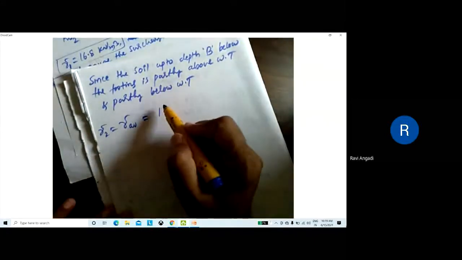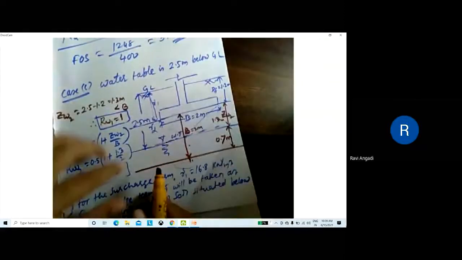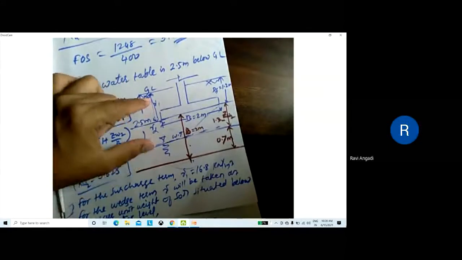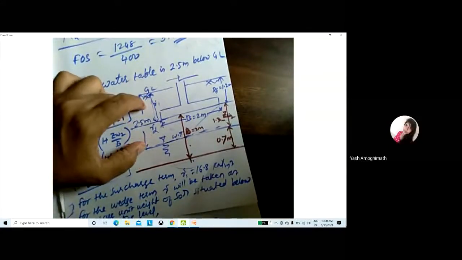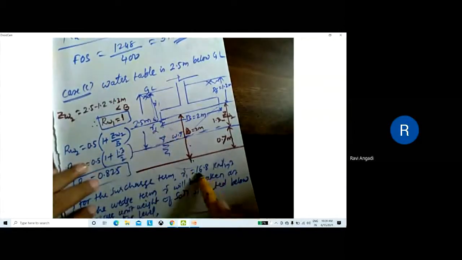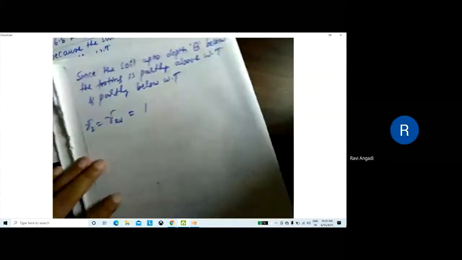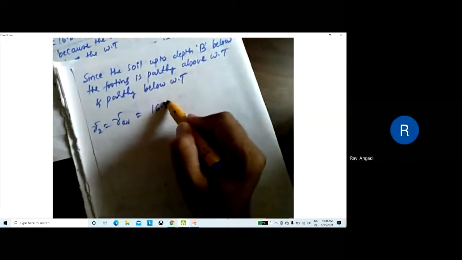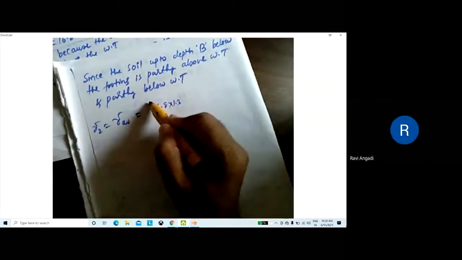You take 16.8. Now above, up to this level there is surcharge, yes or no? Yes, sir. Then we have to take this 16.8 into 1.3 surcharge.